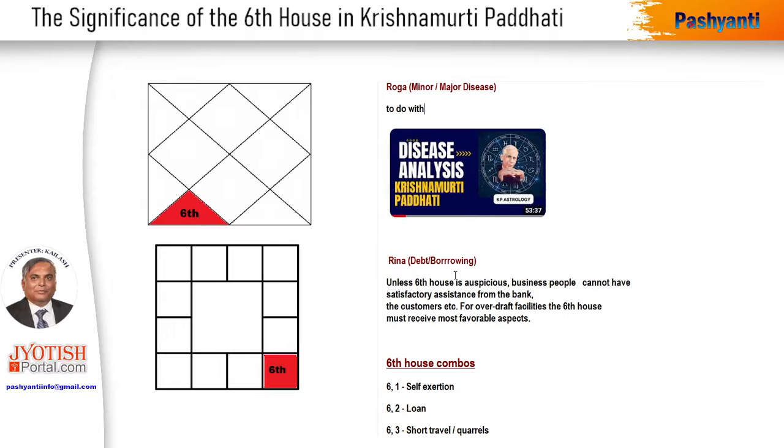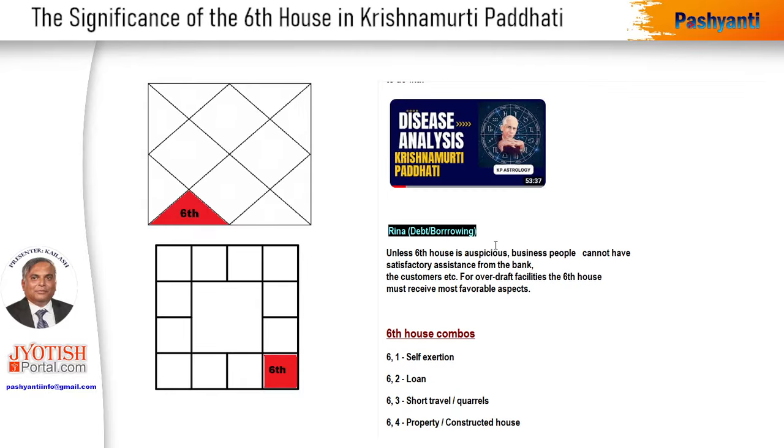And then the next thing is the debt or the borrowing. So this is also very important, because these days the whole new structure of living, the way of living has become very dependent on the borrowing.